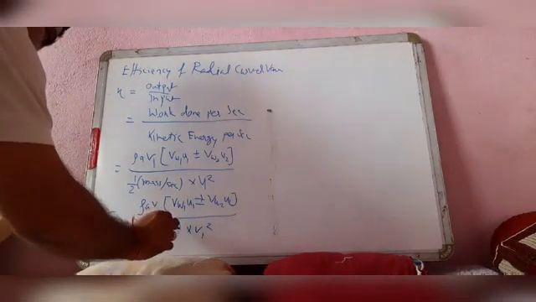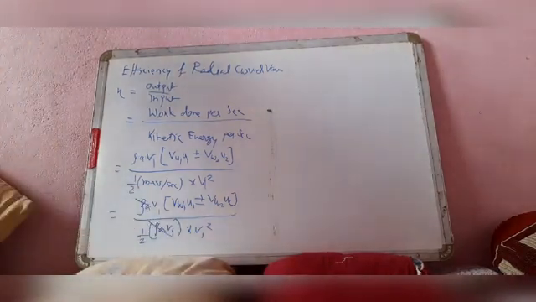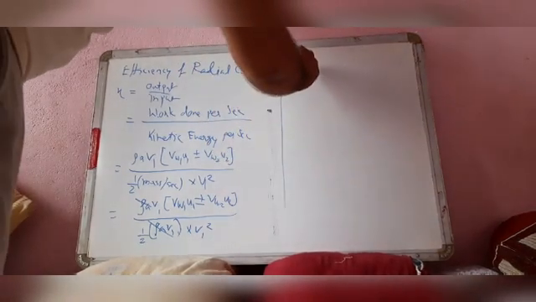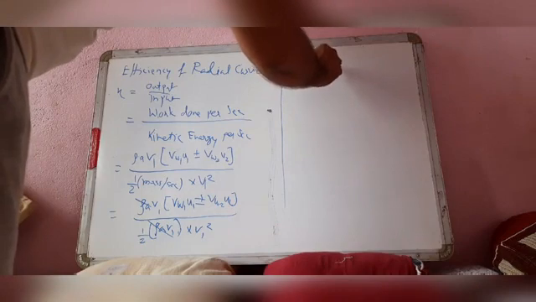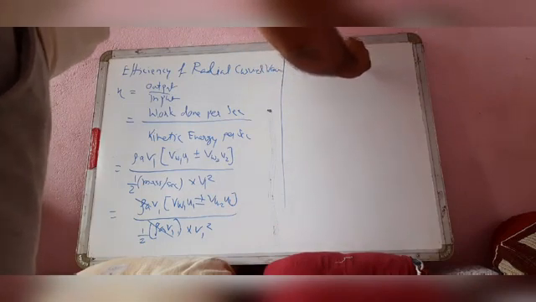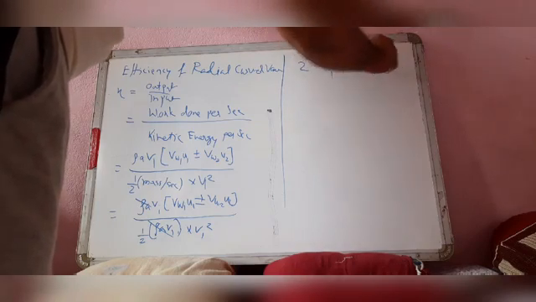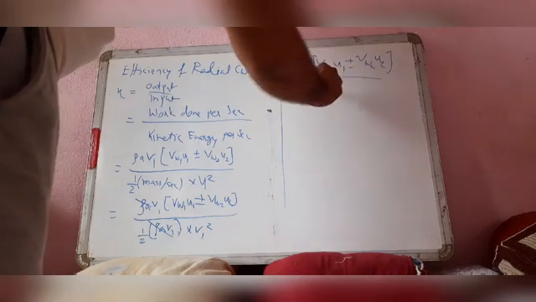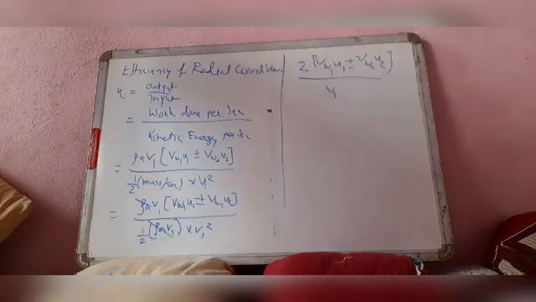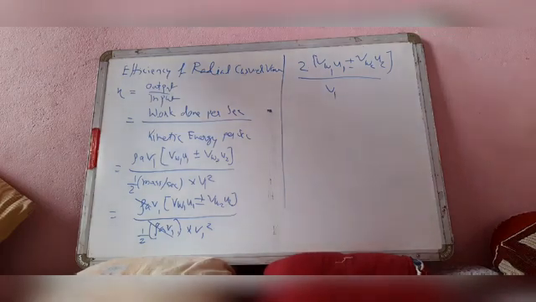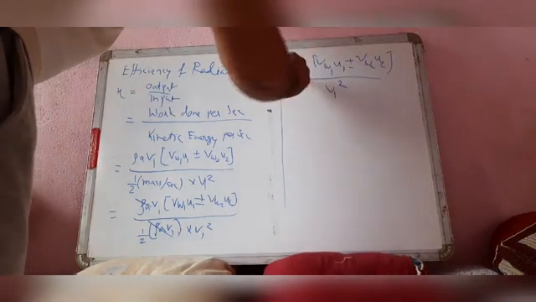So here rho A V1 cancels with rho A V1, and the value comes as 2 (V W1 U1 plus or minus V W2 U2) divided by V1 square.